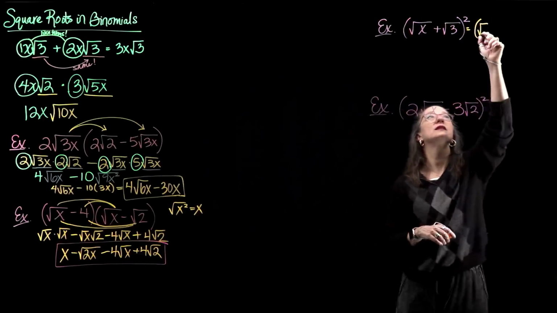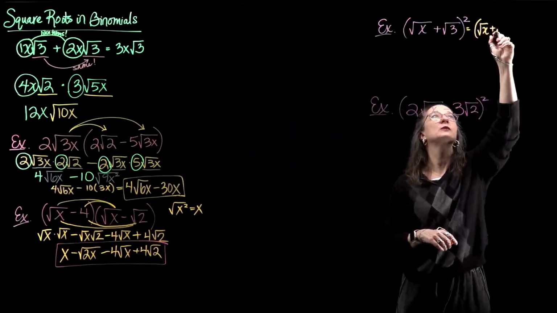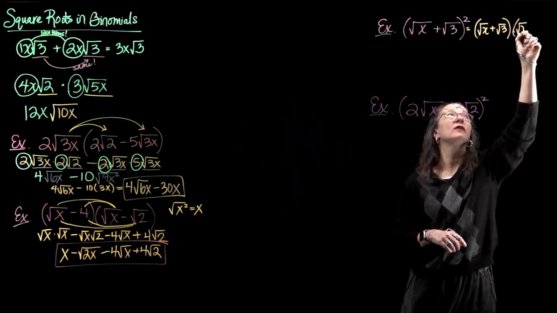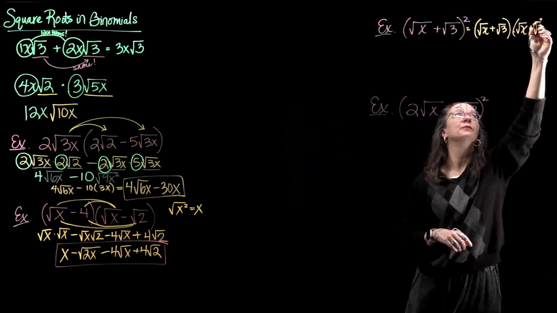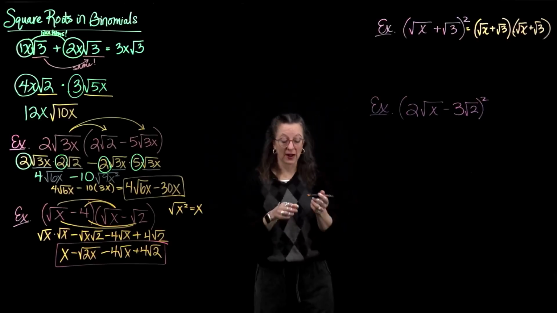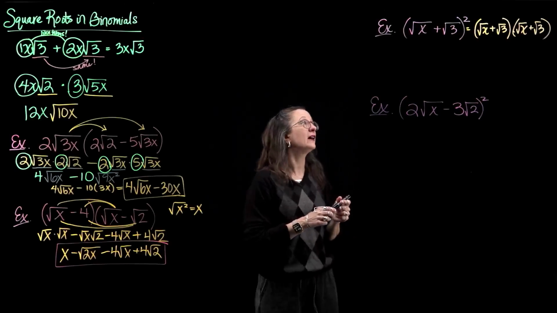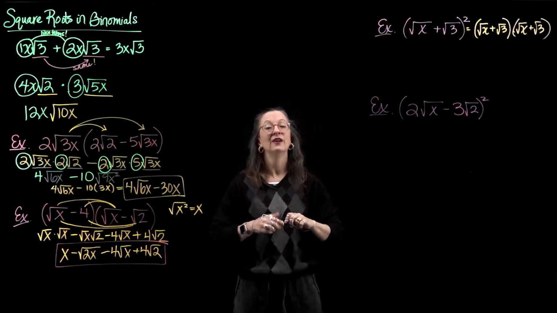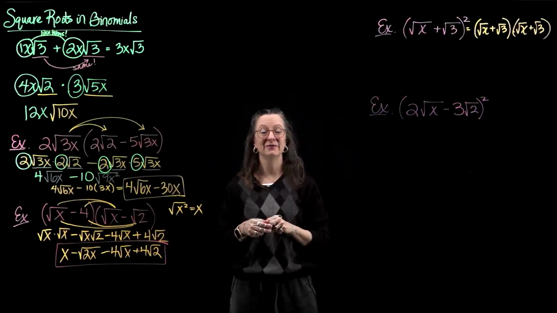So we know that this is actually square root of x plus square root of 3 in parentheses times square root of x plus square root of 3. And it's often helpful to go ahead and write that out so that you can track where you're going. And you can also draw your lines to FOIL it.